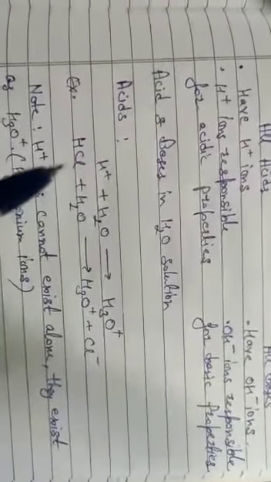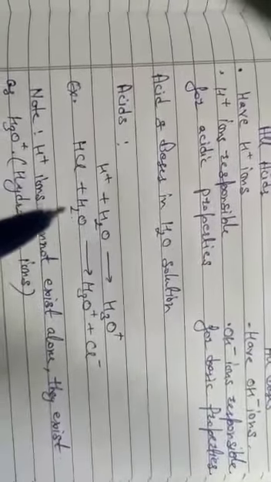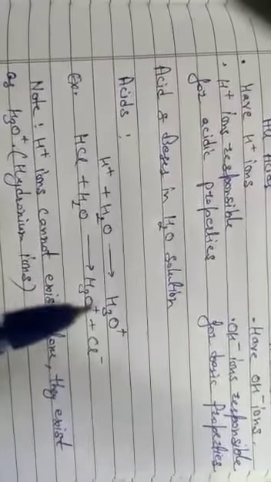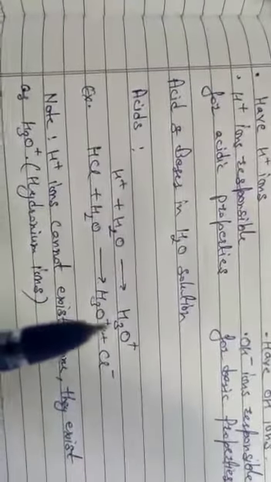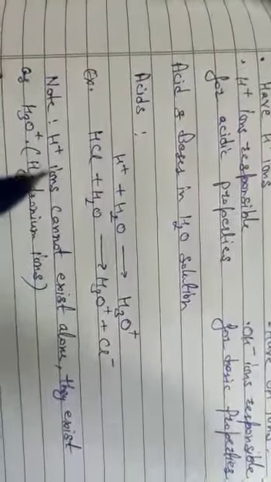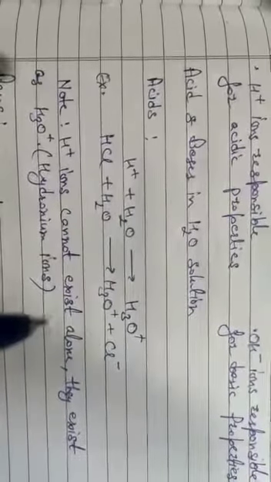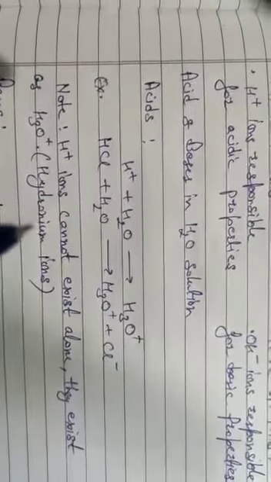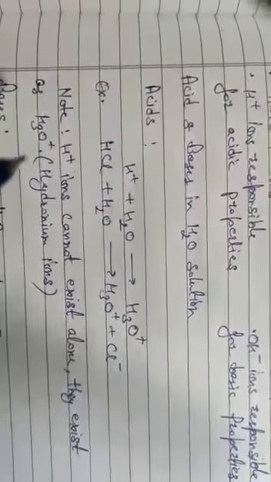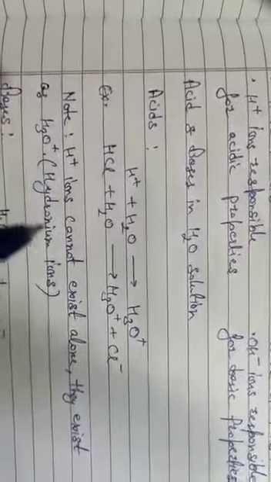Take an example: HCl is an acid, and when it reacts with water it forms H3O positive plus Cl negative. H3O positive is the hydronium ion. Note, H positive ion cannot exist alone. It exists in the form of H3O positive, the hydronium ion.